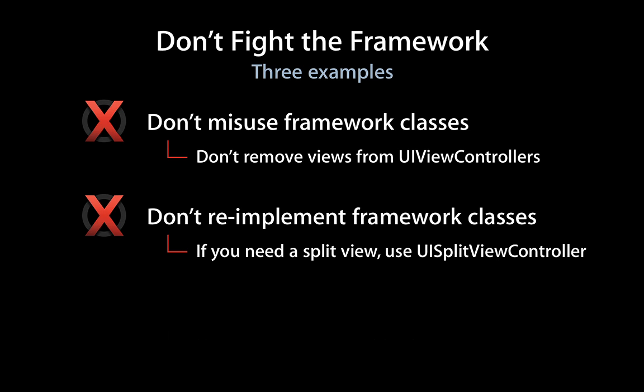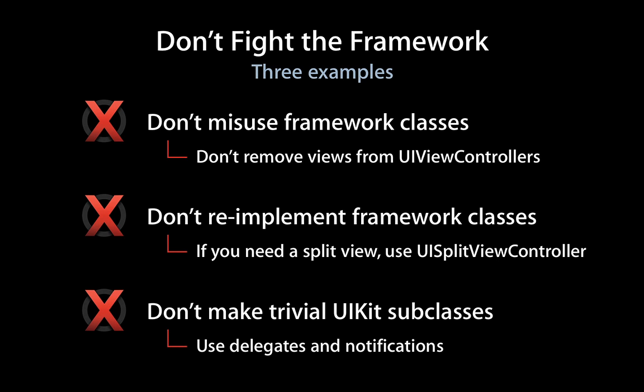So don't re-implement framework classes. And don't make trivial UIKit classes. Use delegates and notifications. Try to learn how you can match up a piece of your custom code to the classes already in UIKit.